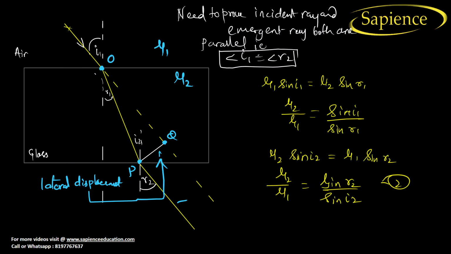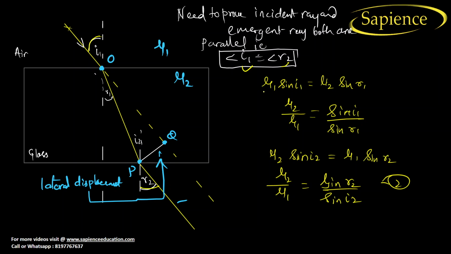We need to prove that the light changes its path but is parallel to the initial one. This is I1 and this is R2. When I1 will be equal to R2, it means that both the rays will become parallel.